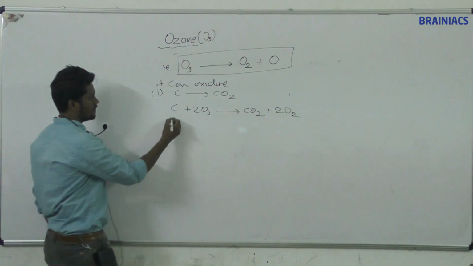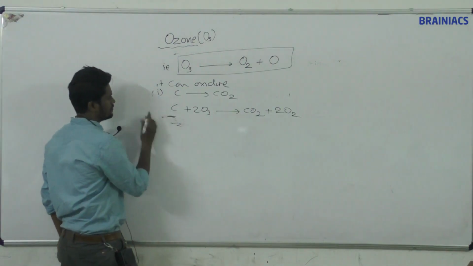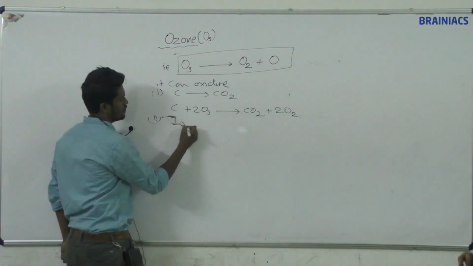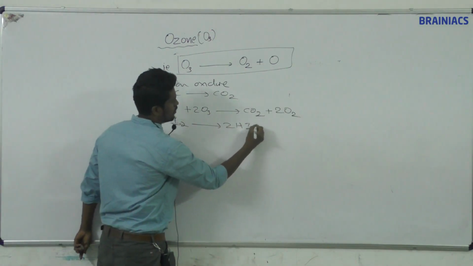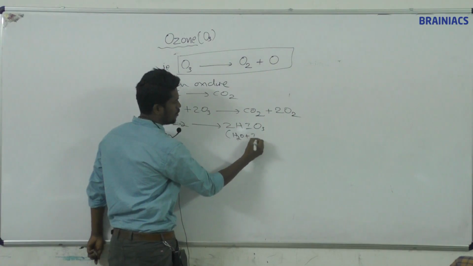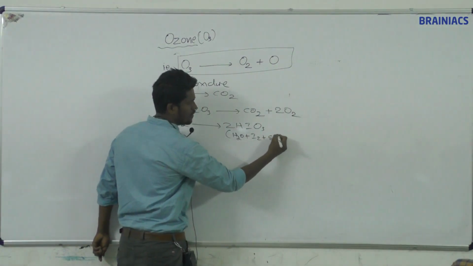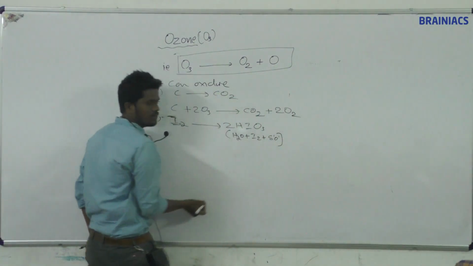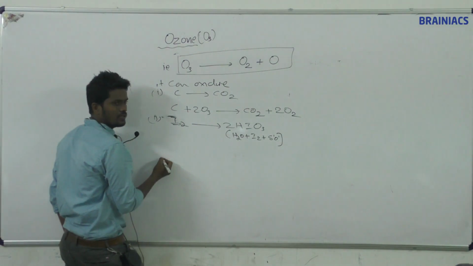And I2 into 2HIO3. So it is H2O plus I2 plus 5 monoxygen. How many ozone are required? 5 ozone.